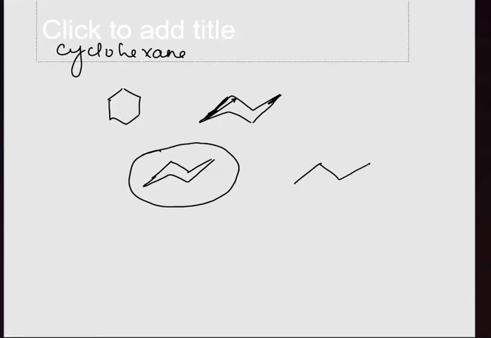If you redraw this structure, all the positions which are perpendicular to the plane are axial. There are 6 axial positions, and there are 6 equatorial positions. I'll draw it separately. This is equatorial, equatorial, equatorial, equatorial, and equatorial. The equatorial positions are around the equator of the ring, and axial are perpendicular to this ring.